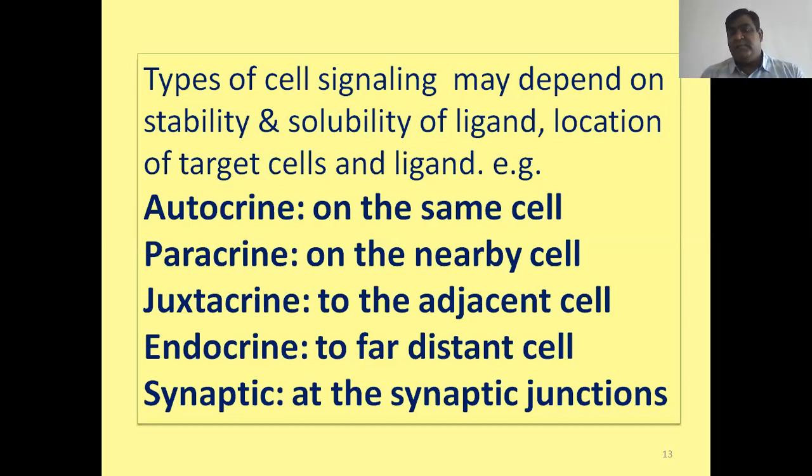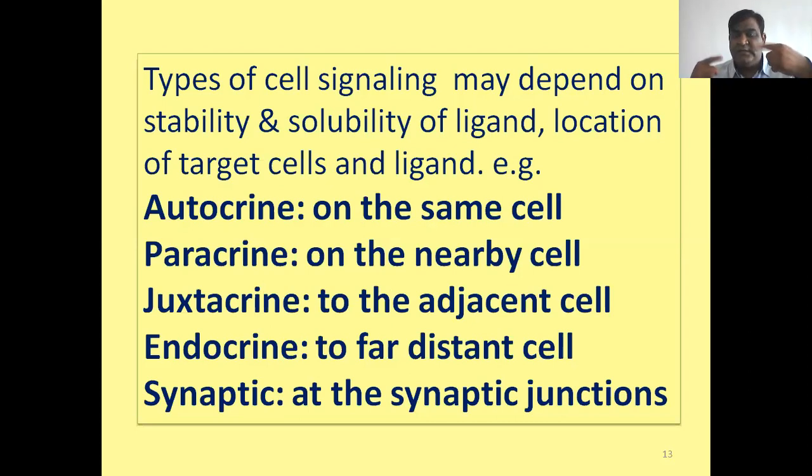In both paracrine and juxtacrine, the signaling molecule is traveling a very short distance, and the cell which is producing the signal and the cell which is receiving the signal are very close to each other. But adjacent is closer. So juxtacrine means very nearby, almost in touch.